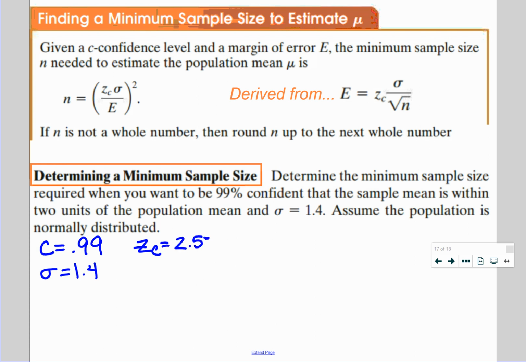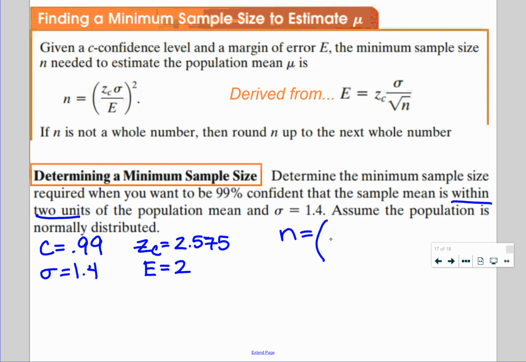You can find that on your paper. And then the other thing we need is the margin of error. What do you think the margin of error here is? Yeah, when it says within 2 units, that means we want to be plus or minus 2 units from the mean, which that's what a margin of error is.